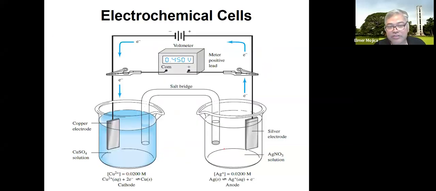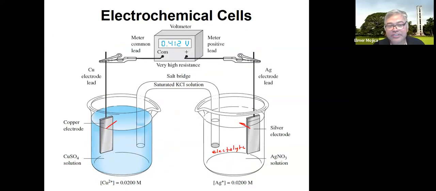Now, if we're going to look at this, I have three electrochemical cells. So what's the difference of these so-called electrochemical cells? So here we have an electrochemical cell that is at open circuit. So what do you think is this? Galvanic, electrolytic?